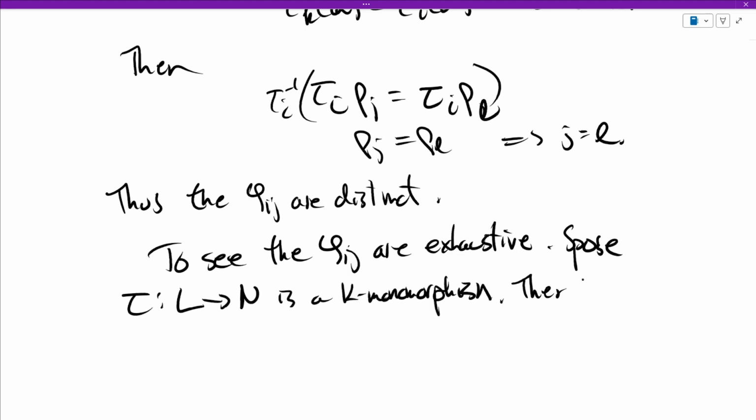Then tau of the same alpha from before, where we wrote down all the conjugates, is still a zero of m, because the coefficients of m were in K, and tau fixes K. So tau of alpha is some alpha I.